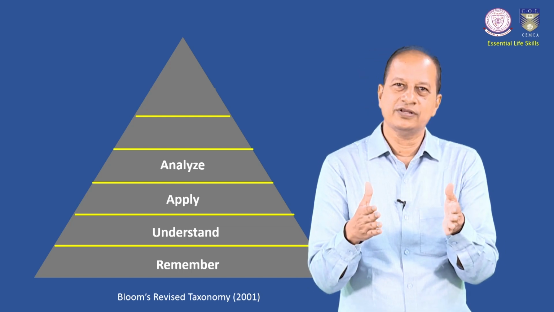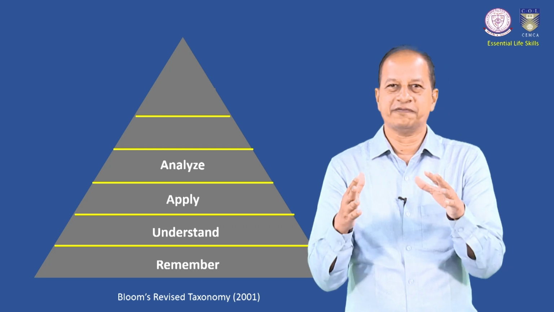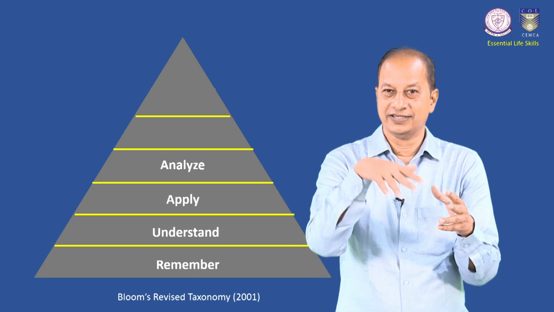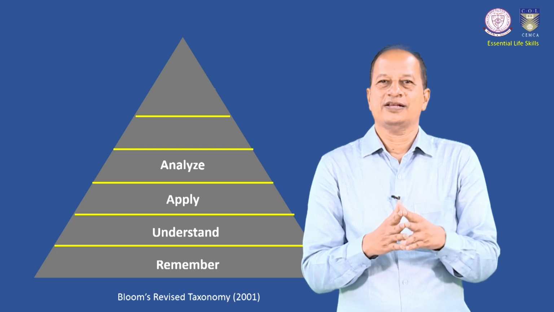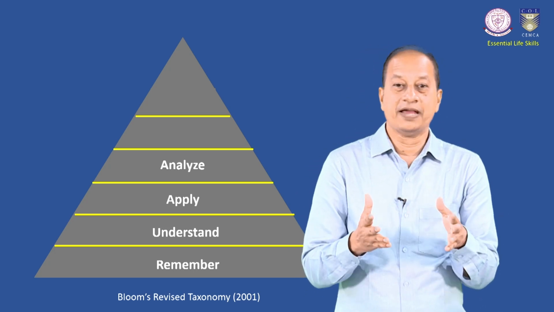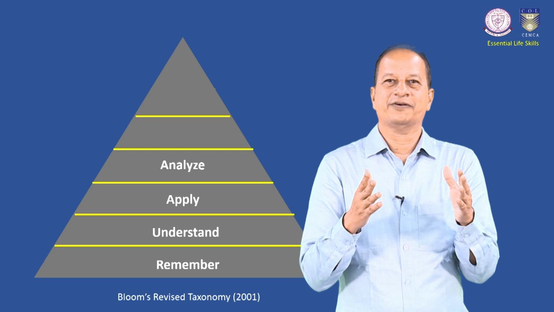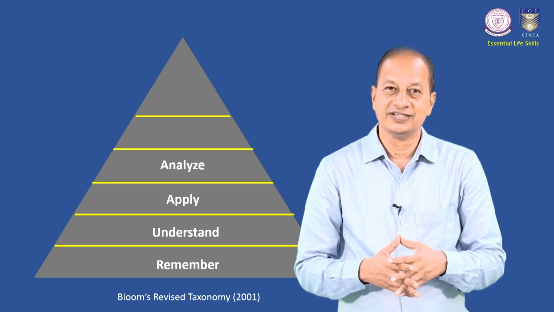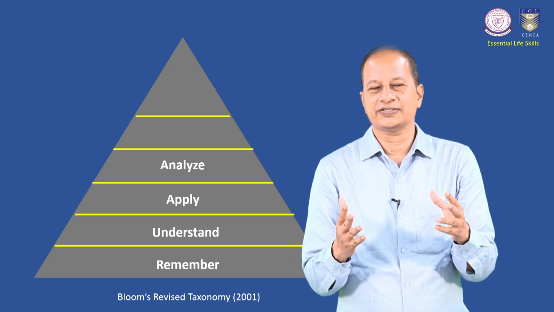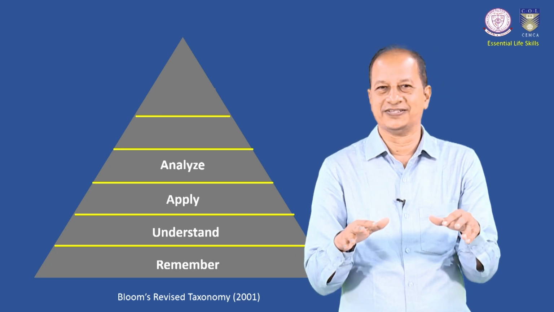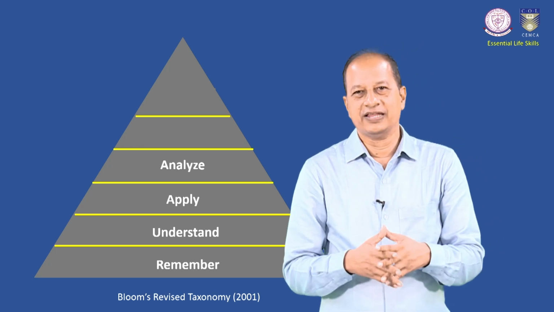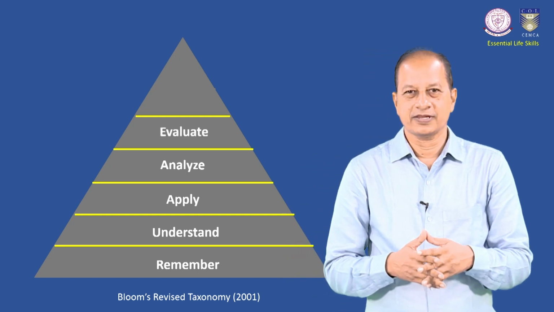So at this level, we must be in a position to differentiate, organize, relate, that is connecting the dots, and then compare, contrast, distinguish, examine, experiment, question, and test. So it's all about analyzing. If we can put to use all these things, then we can say we are using that particular approach. The next level is evaluate.